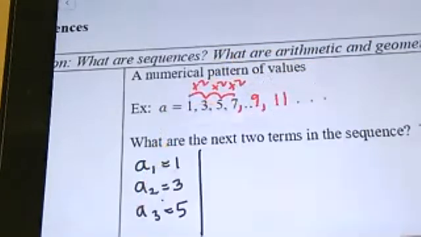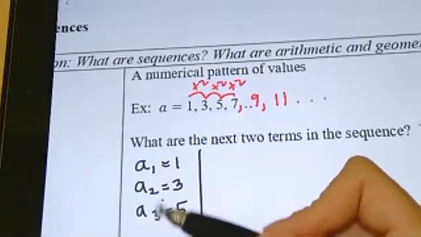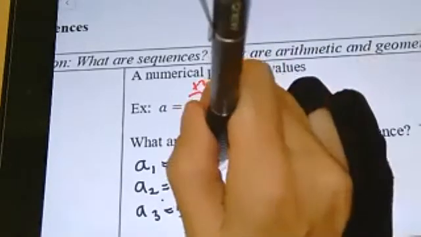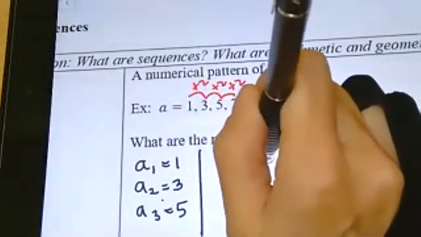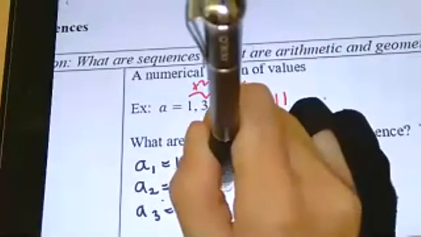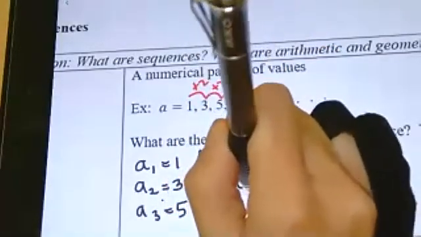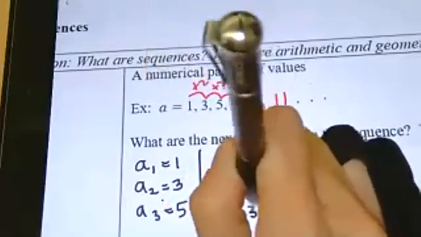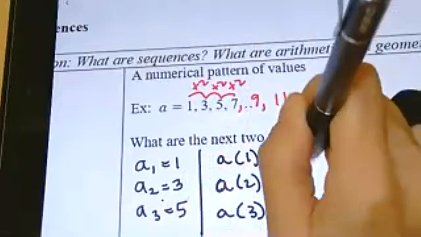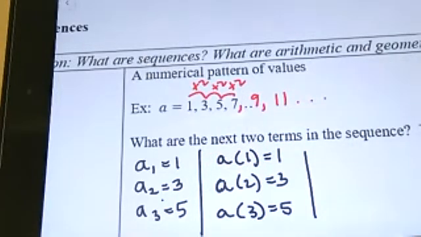Another way that I could denote the terms in a sequence, I can do this notation, but I can also use function notation. I could say A of 1 is 1, A of 2 is 3, A of 3 is 5. That's just a completely different way to say the exact same thing.